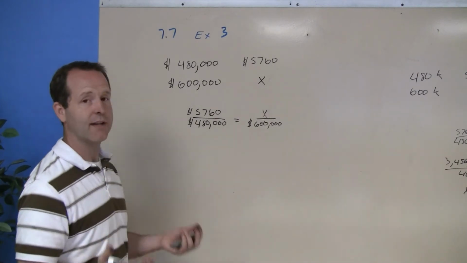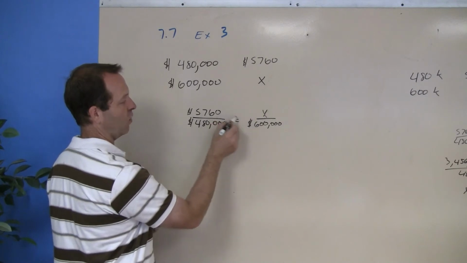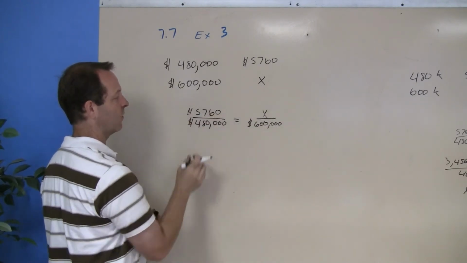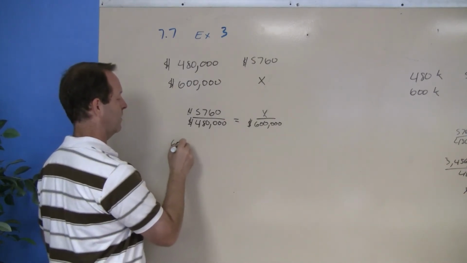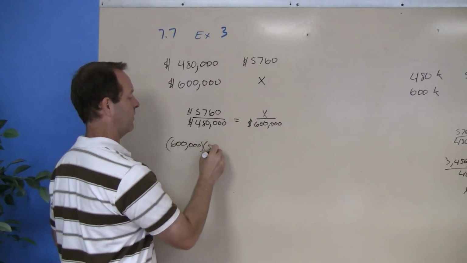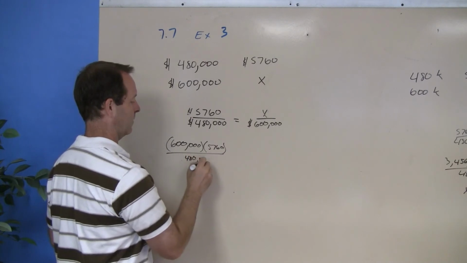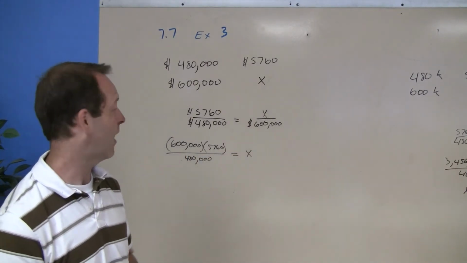Well, what we discovered in the proportions is that I can multiply the corners. So I'm going to multiply this 600,000 up to this side over here, or basically multiply both sides by 600,000. So that's 600,000 times 5,760 divided by 480,000 equals the tax of the other house.